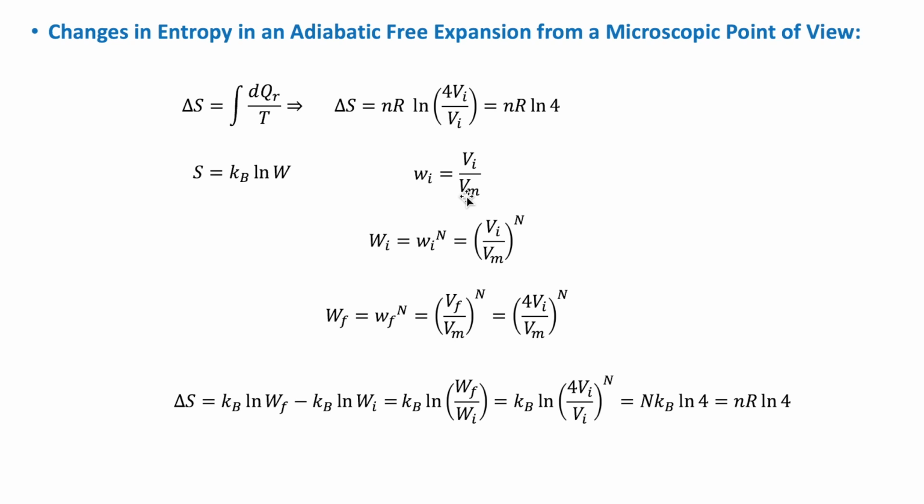So let's assume that each of these microstates is equally probable. So the number of available states for n molecules, neglecting the small probability that two molecules will occupy the same location, is given by W initial equal to w initial to the power n.